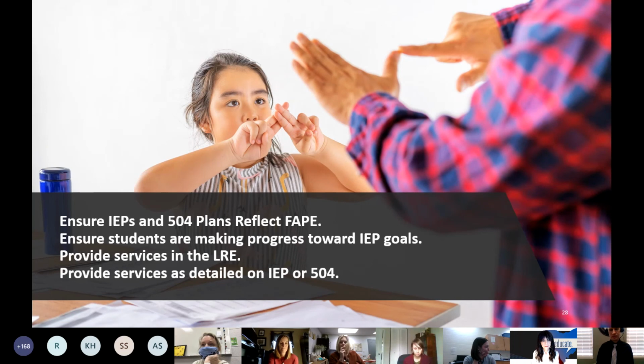I'm looking at LRE, which if I'm seeing 100% of my students in pullout, for instance, how did I determine that the pullout was the least restrictive environment for all these children on my caseload? Am I serving children in the classroom whose least restrictive environment would be the classroom? Am I providing services in a way that's detailed on the IEP or 504 plan? Or am I providing that extra stuff?